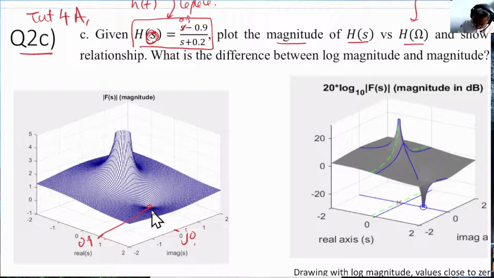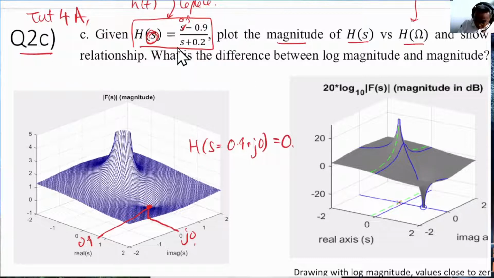So this point exactly is where the 0 happens. You can see that on the surface, the whole surface starts to converge and move towards 0. At exactly real part equals 0.9 and imaginary equals 0, h of s equals h of 0.9 plus j0 is equal to 0.